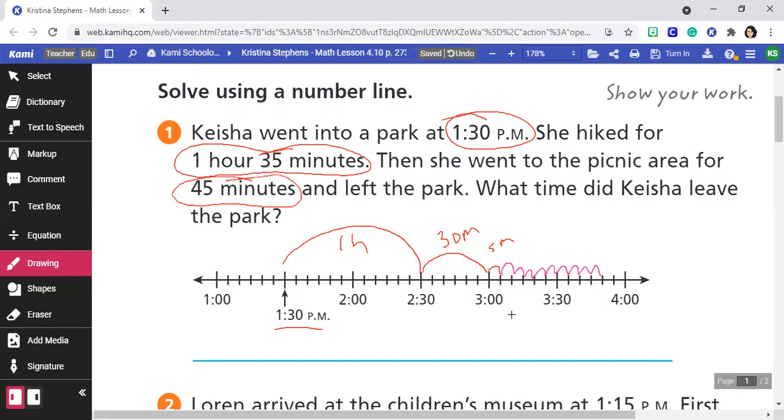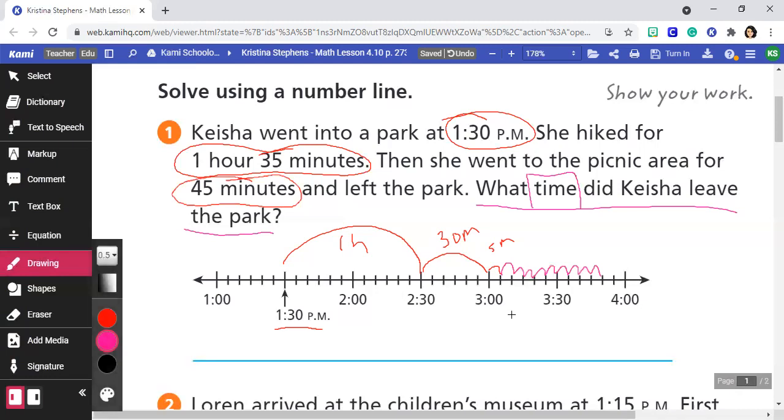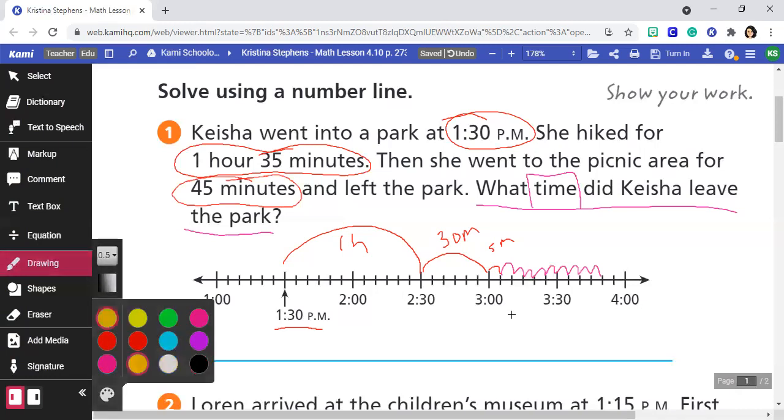Okay. What time did Keisha leave the park? If I look at this, and I'm going to go underneath now to here, we know that this is 3:30 right here, 3:35, 3:40, 3:45. So right here is 3:50.